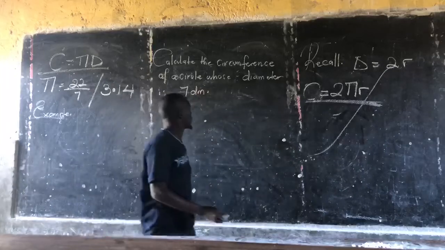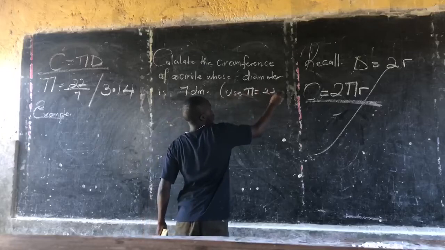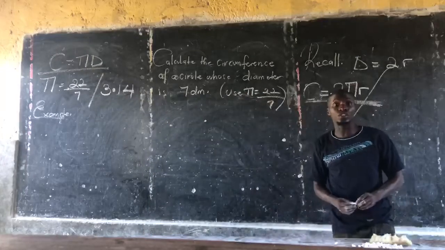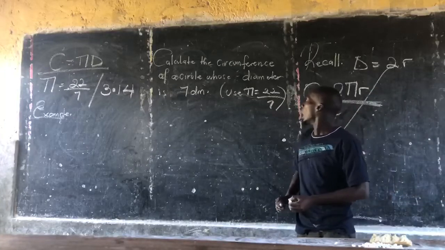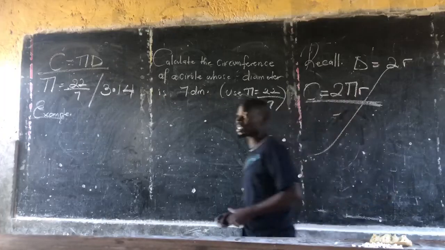And they can say use pi as 22 over 7. So calculate the circumference of the circle whose diameter is 7 decimeters.